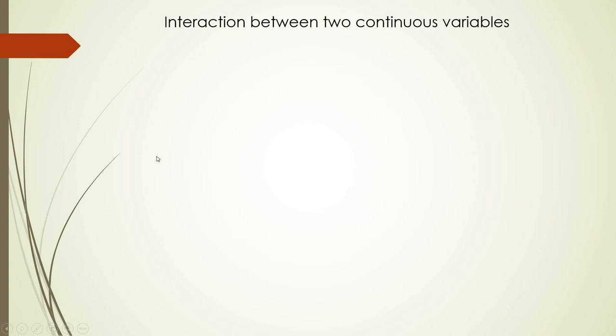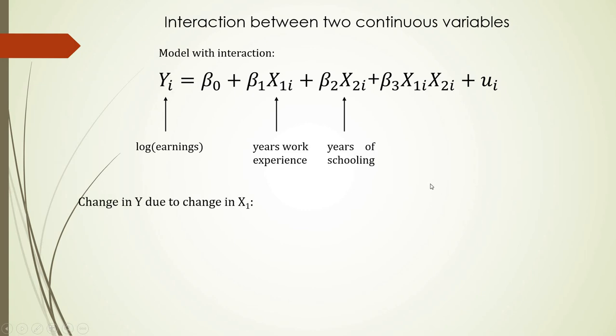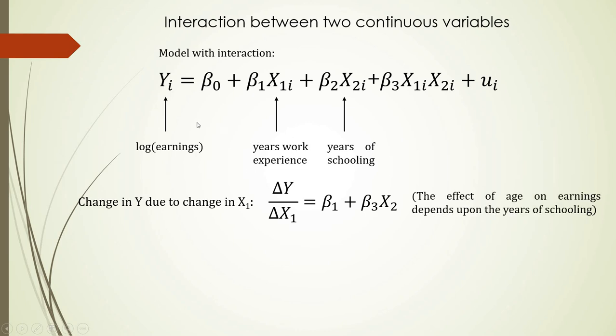Okay, the third case, interaction between two continuous variables. The model with interaction means that we have the interaction between x1 and x2. Again, we have earnings, this is years of work experience, and this is years of schooling. We know that the influence of years of experience on earnings depends upon the years of schooling. If someone has more years of schooling, his experience will give him more money in comparison with someone who has fewer years of education.